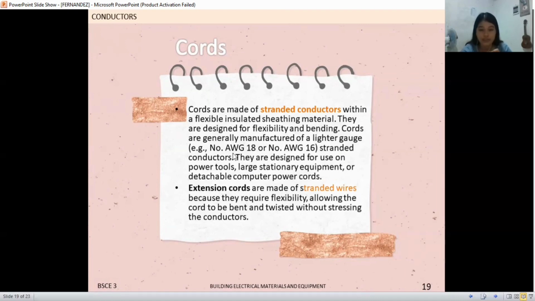Stranded wires are those small wires twisted together, right? Because of their flexibility, the cord can be bent and twisted without stressing the conductor. So if you notice, the inside of the wire in cords is stranded, these many small wires twisted together.